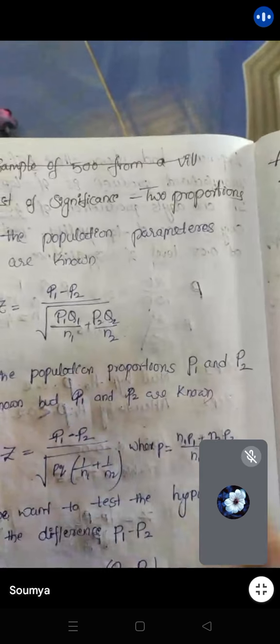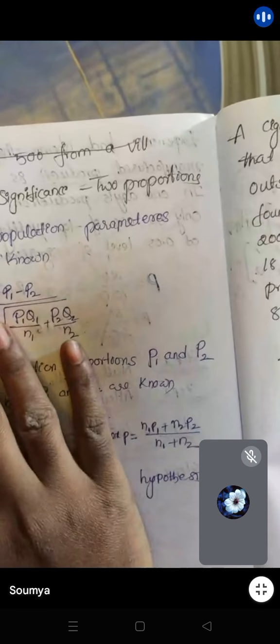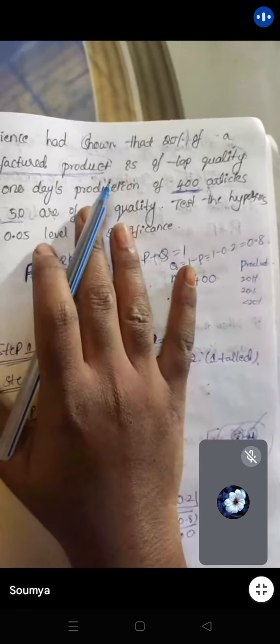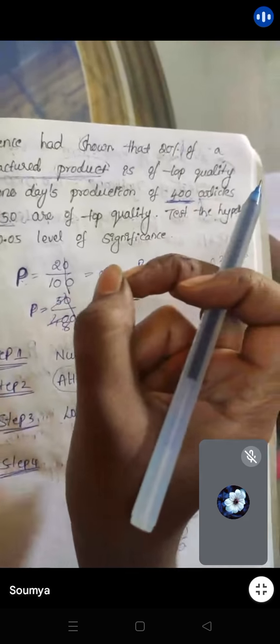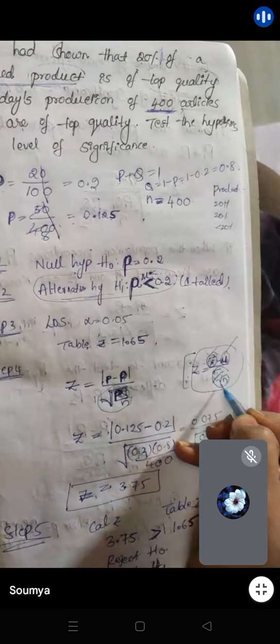Okay, so next, when the population parameters, actually this single proportion we have here also, single mean, single sample, single population. Same for the single mean, what we have Z equals x bar minus mu by sigma by root n.